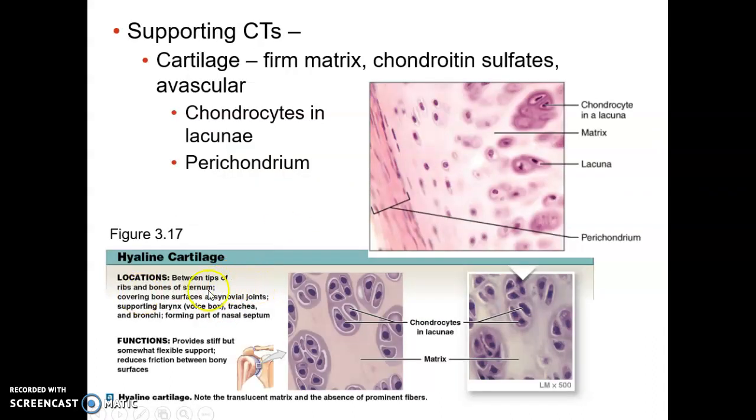Locations: between the tips of long bones at your joints, synovial joints, also forms part of your larynx, your voice box, the cartilaginous rings of your trachea, your windpipe, the nasal septum, right, the rubbery part of your nose. Functions, right, provides support, but it's yet flexible, reduces friction between joints.